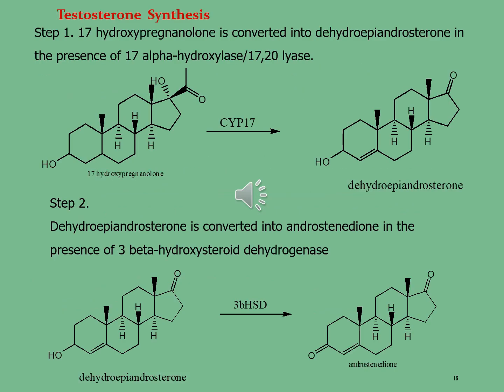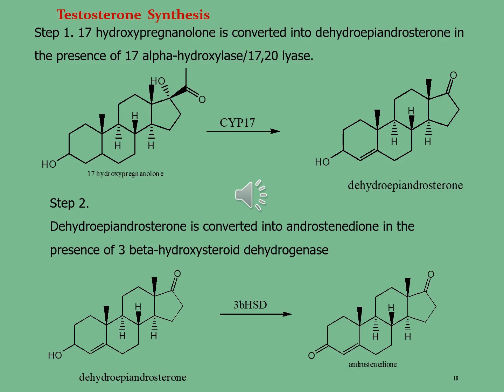Let's see the synthesis of testosterone, because testosterone falls in androgens and is a big example of androgen steroids. Let's see the first step, in which 17-hydroxypregnenolone is converted into dehydroepiandrosterone in the presence of the 17-alpha hydroxylase 17-20 lyase enzyme. You can see in the first reaction the structure of 17-hydroxypregnenolone, in which a hydroxyl group is present at carbon 3 and an acetyl group is present at carbon 17.